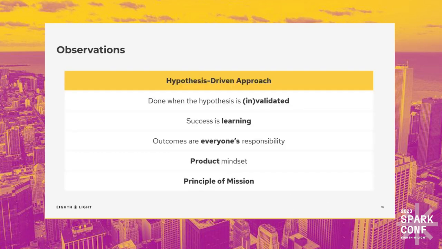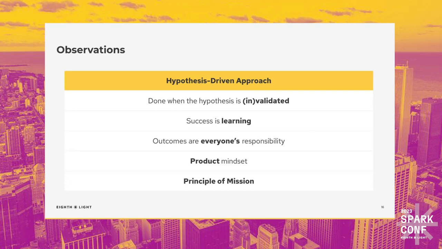So some observations here. The team is done when they've met the criteria of the experiment, meaning that it's either been validated or invalidated. Success here is measured by what the team learns, not necessarily by what they ship. Outcomes are the responsibility of everyone, right?